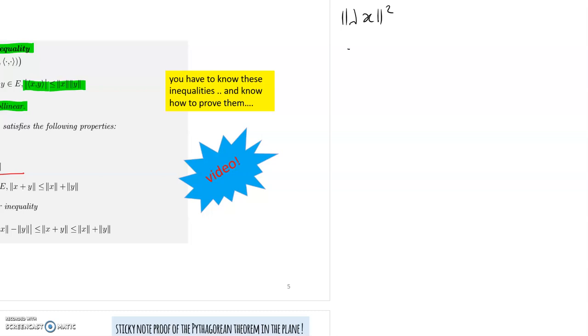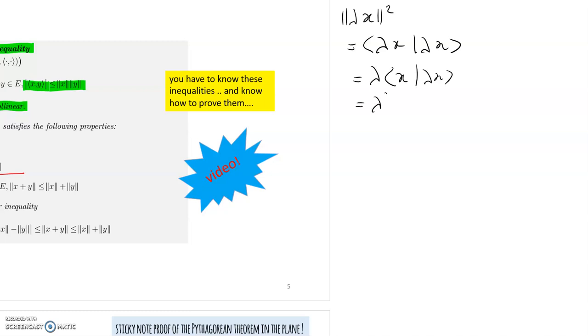Let's take the square of that. So why do I use the square? Because I don't want to write the square roots yet, right? So that's lambda x inner product with lambda x. Using the linearity in the first input, that's lambda times x with lambda x.